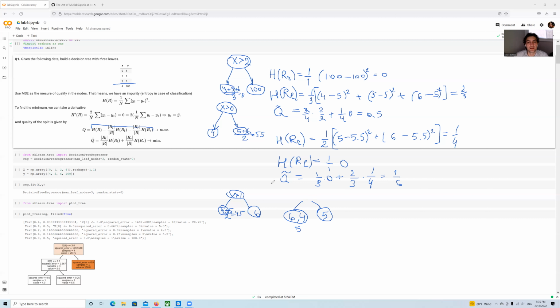It would be greater than the previous splittings. And because we have two equal values of quality or cost, we can choose an arbitrary one of the splittings. And now we have exactly 3 leaves.